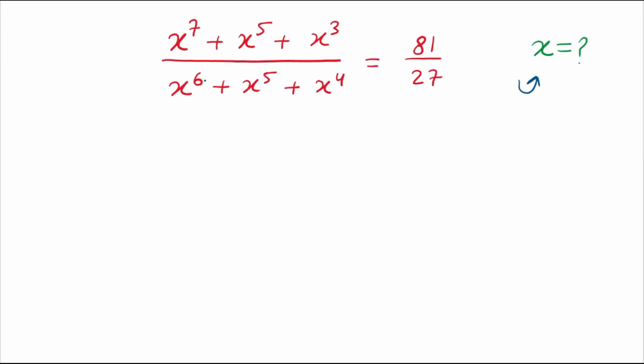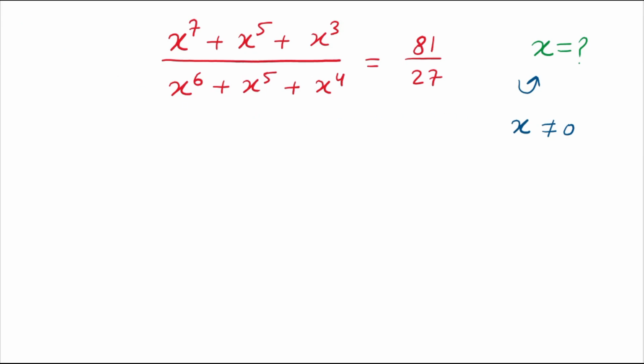Look carefully at this question. If you substitute x equals 0, then the denominator is 0, and the numerator is also 0, so on the left-hand side we get 0 over 0. This is an indeterminate form, so here we can say x is not equal to 0.